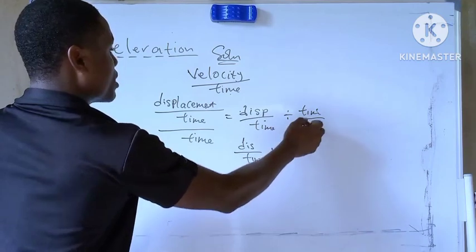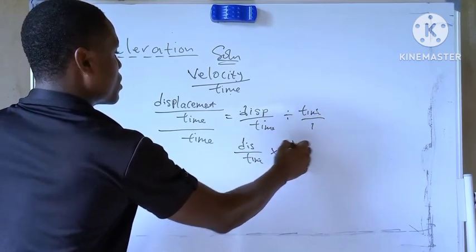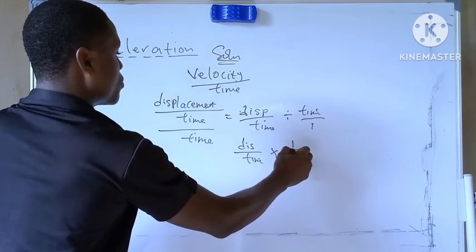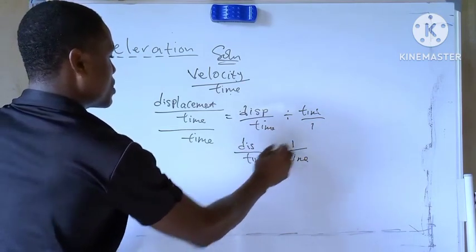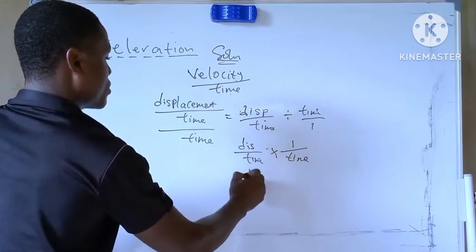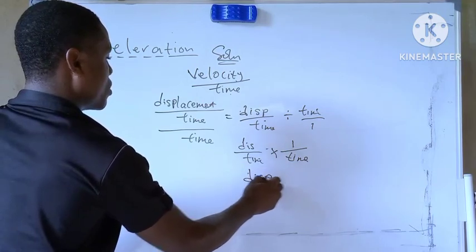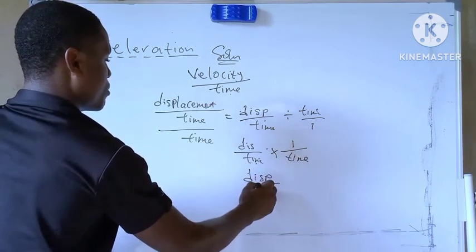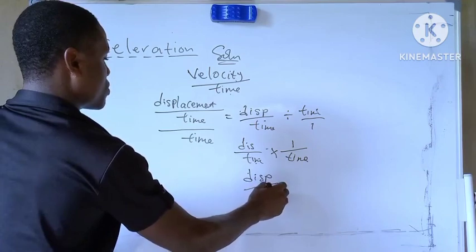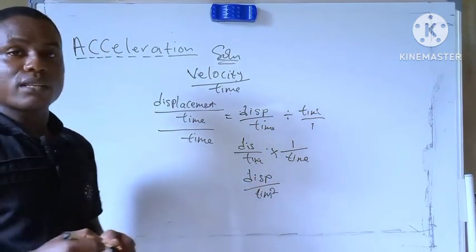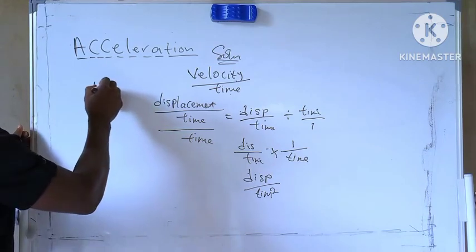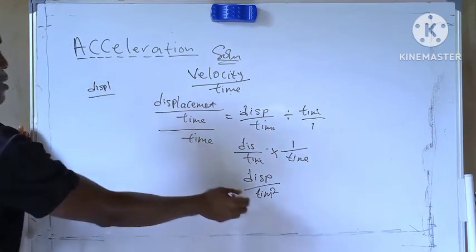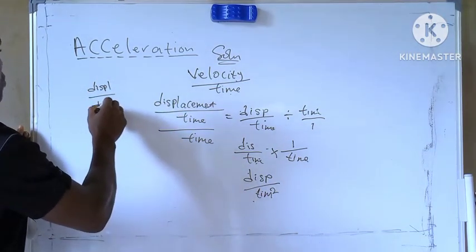It will change to multiplication when 1 moves to the upside. Then we bring the time down. So displacement multiplied by 1 will give us displacement, all over time multiplied by time, which will give us time square. Are you getting it now? So we have displacement all over time square.